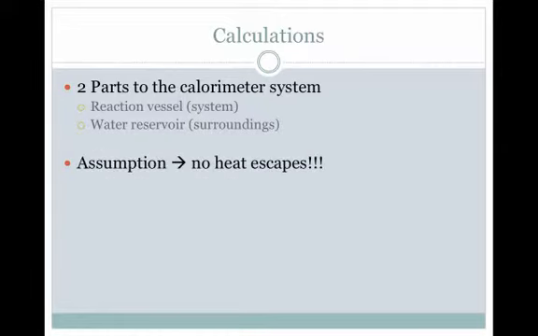The assumption, again, that makes this work is that no heat escapes the process, meaning, and this is the real key point here, all the heat energy that comes out of the reaction goes into the reservoir and vice versa. So basically, all of the heat that comes out of here, our system, has to go into the surroundings. If no heat escapes, then we have a very accurate way of keeping track of how much heat came out of our reaction.